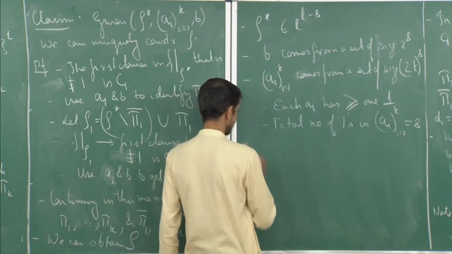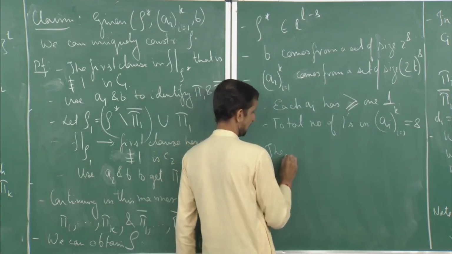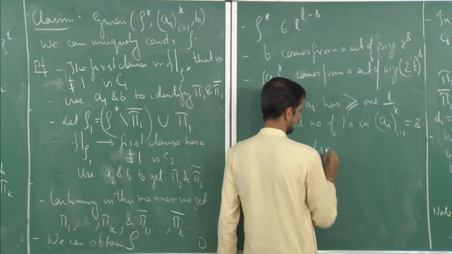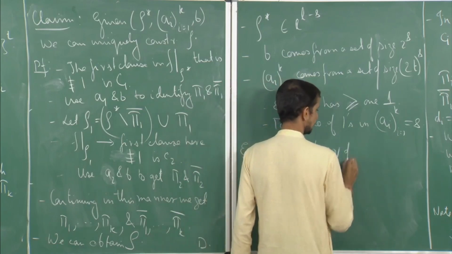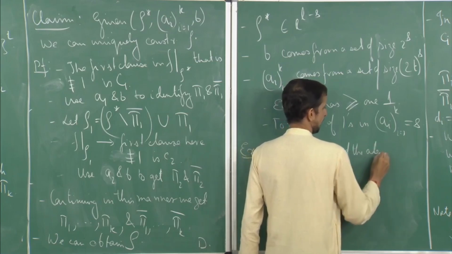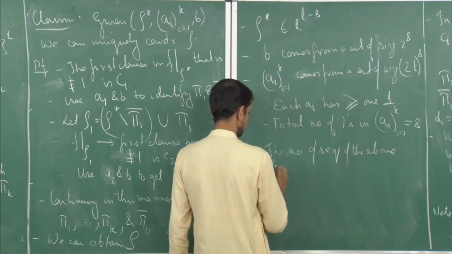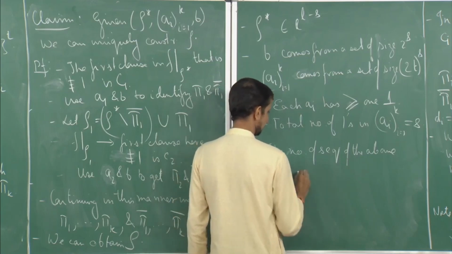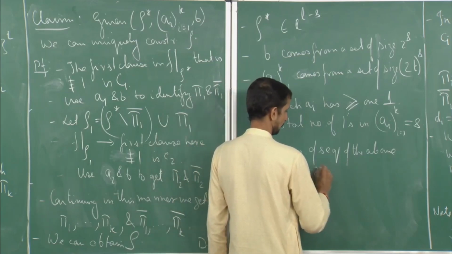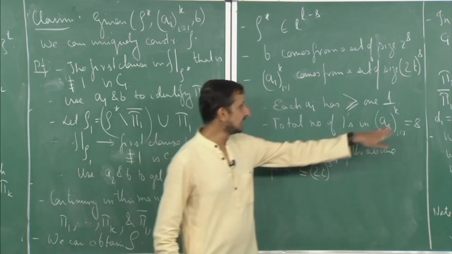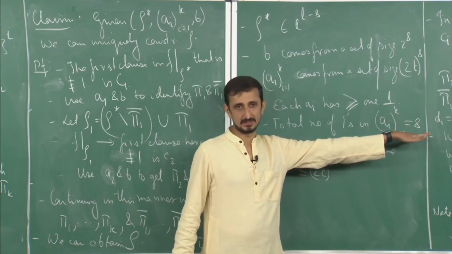as an exercise, that the number of sequences of the above form is at most 2t to the power s. Also note one more thing, that k is actually less than or equal to s.